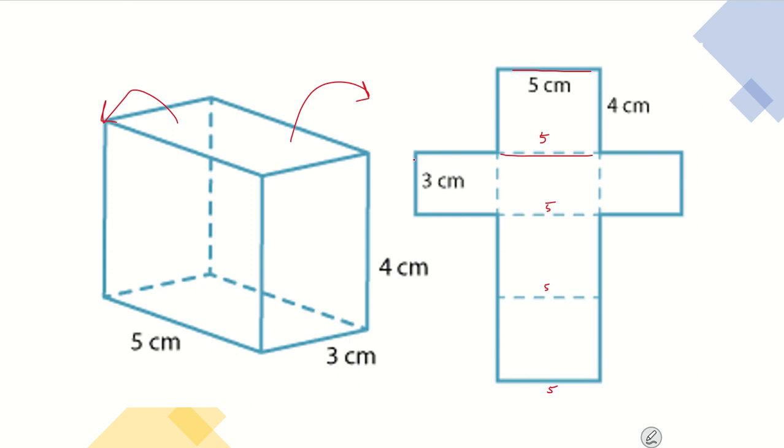Well, if that is 3 right here, well, this would also be 3, 3. Let's see. And these are going to be, so that's a 3. This would be 3 right here. If we're unsure, we can always refer back to the 3D shape.